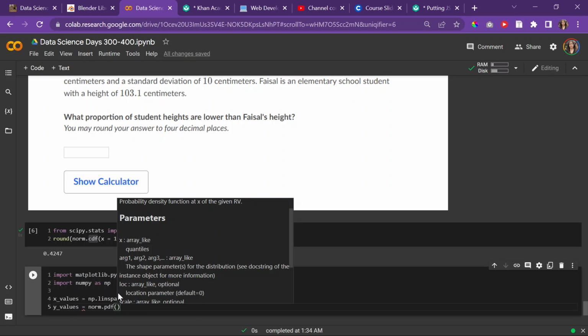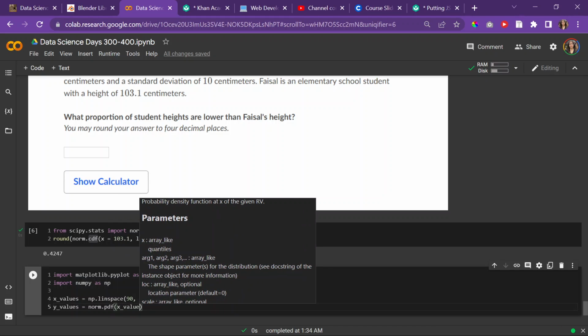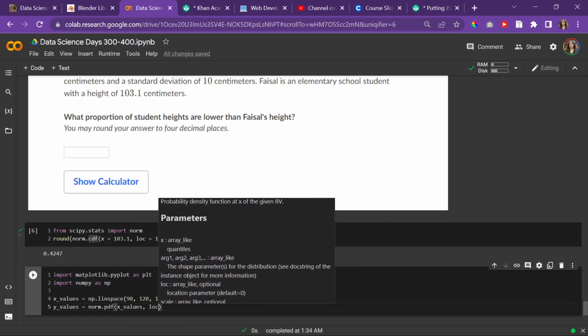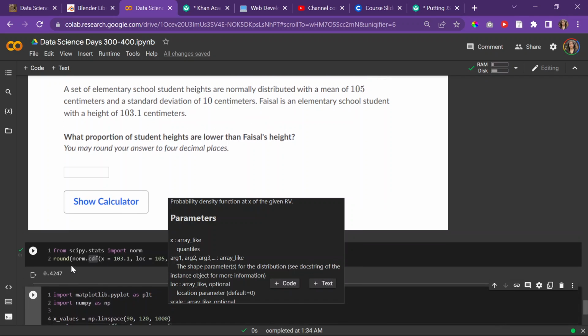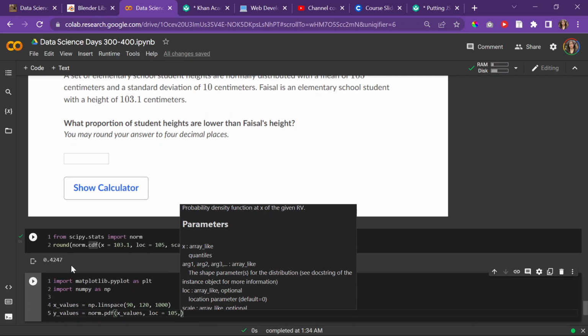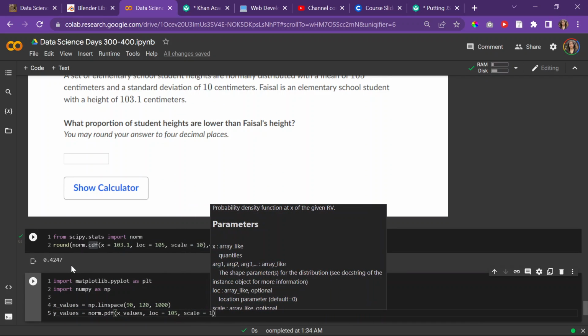And what's the difference between PDF and CDF? Well, PDF calculates the specific probability or the specific area at that specific point, which makes sense in a graph because we want the specific density of each x value, right? With the loc being, in this case, 105, which is the mean, and the scale, the standard deviation, being 10.